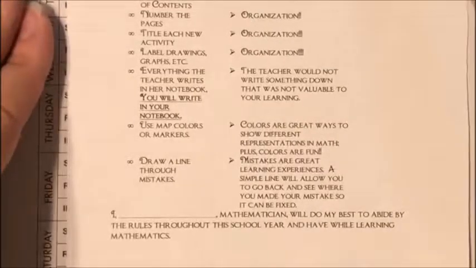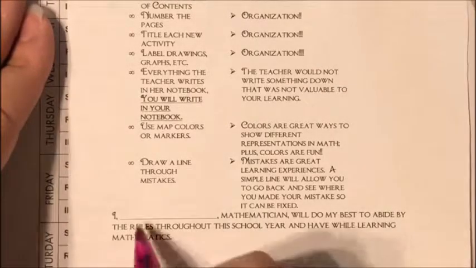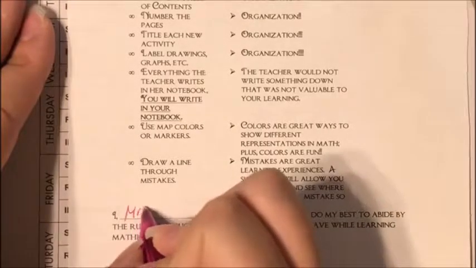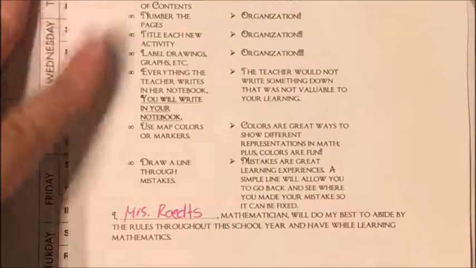Okay, and then at the bottom it says, I, blank, mathematician, will do my best to abide by the rules throughout this school year and have fun while learning math. So you're going to actually put your name in that blank. All right.